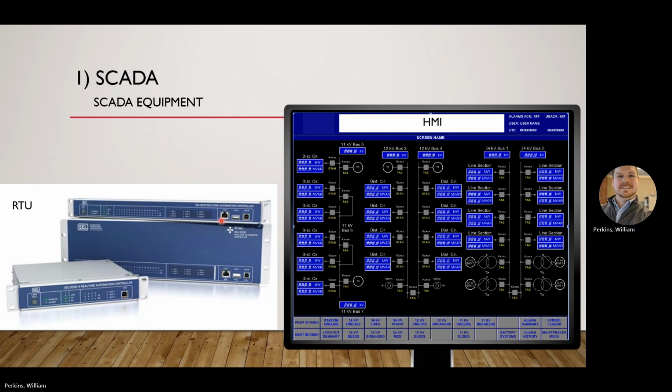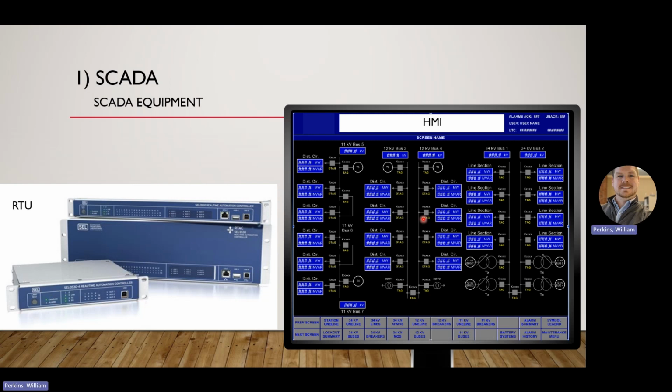The RTU will be specifically programmed or configured based on the needs of the utility. We'll talk about this more specifically in later presentations. The RTU will also concentrate the data and send it to the HMI, which is the human machine interface.